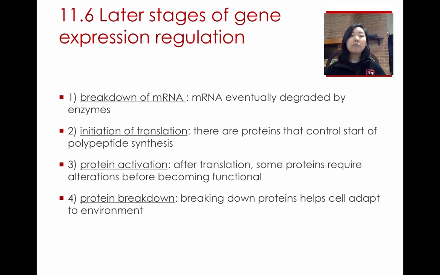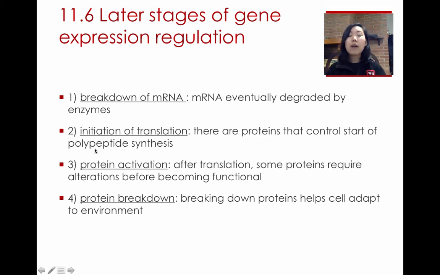Okay. After all the regulation within transcription, you can also have regulation in terms of translation. One of them is just the breakdown of mRNA. So after mRNA leaves the nucleus and goes into the cytosol, that can be degraded by enzymes. You can also block or regulate the initiation of translation. There are certain proteins that are needed for translation to occur, and so they have to be present for the start of polypeptide synthesis.